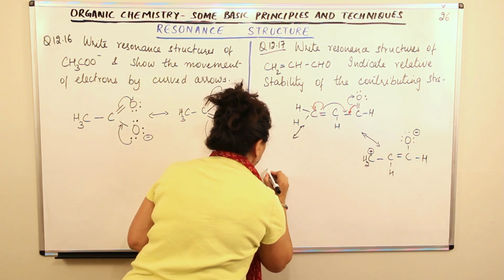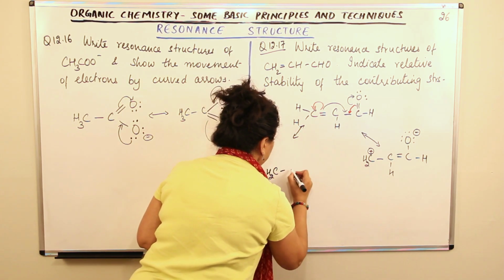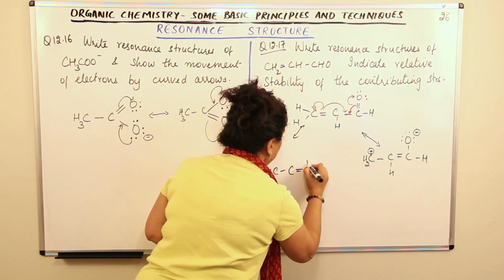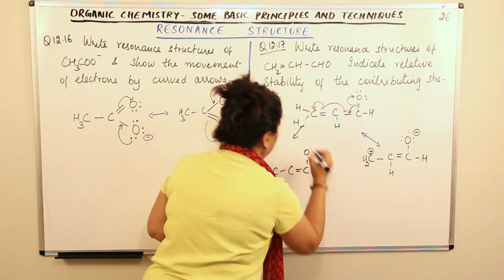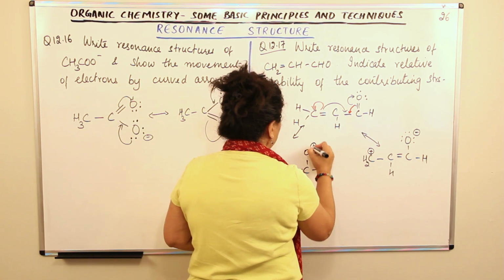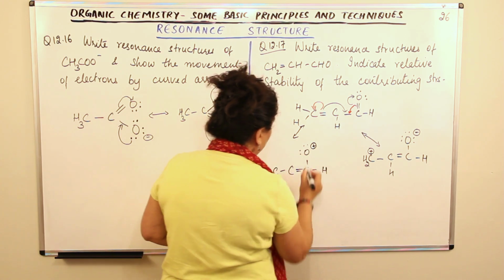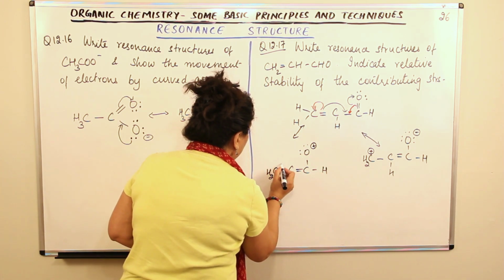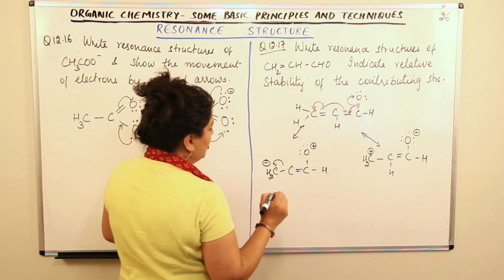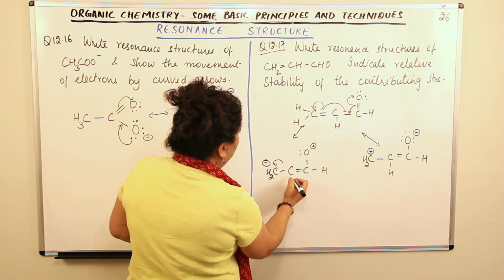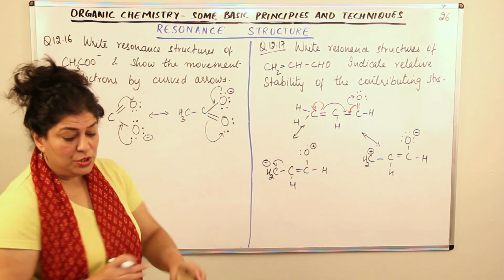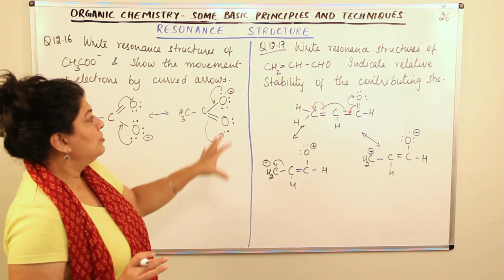So you have H2C double bond C, O, H. And this oxygen, since it has lost the electron, becomes positively charged with 1, 2, 3, 4 electrons. And this carbon, it gave its electron here, so this carbon becomes negatively charged. And what do you have here? H, right? So these are the three canonical forms that you will get.